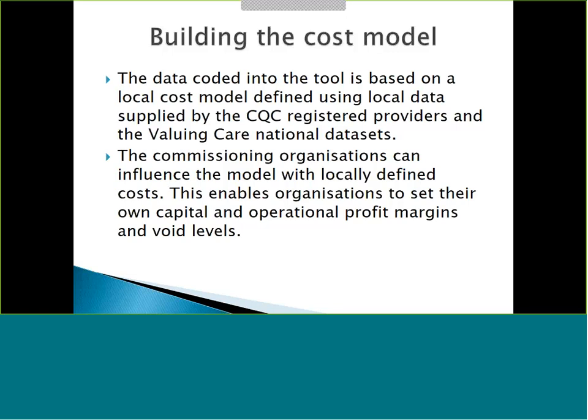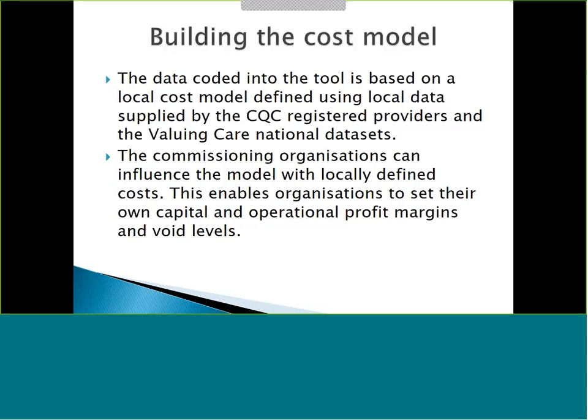Now, within Value in Care's cost model, there are operating costs that we would expect every provider to incur, but also the ability for commissioning organisations to actually set their own level of rental return and their own level of what they would expect to be operational profit.